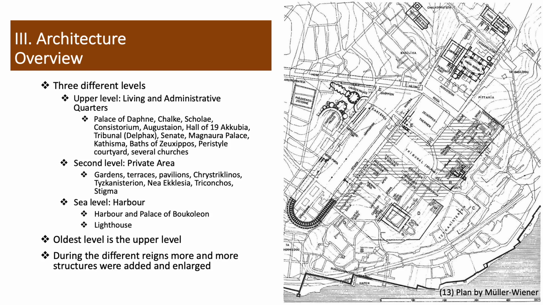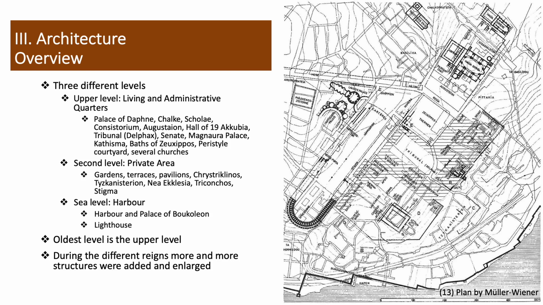This level offered living and administrative buildings, such as the Palace of Daphne, the Chalke, the Scholae, the Consistorium, the Augustaion, the Hall of 19 Akkubita, the Tribunal, also called the Delphax, the Senate, the Magnaura Palace, the Kathisma, the Baths of Zeuxippus, the Pastoral Courtyard, and several churches.